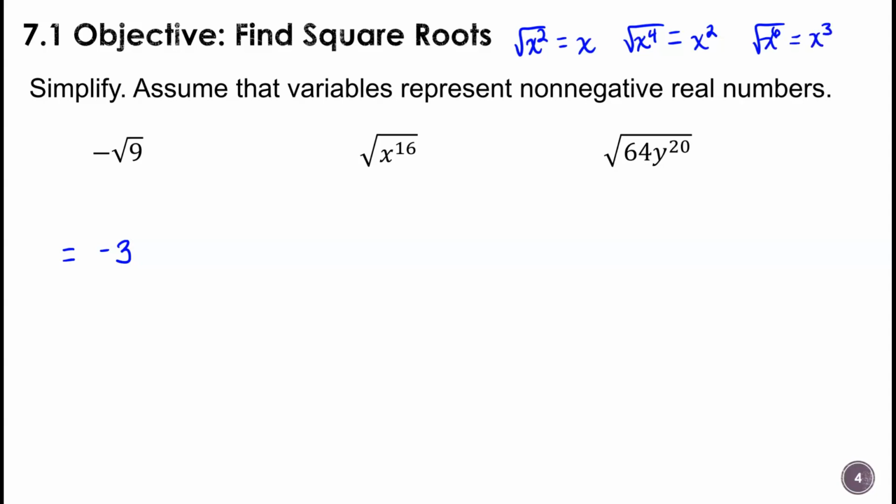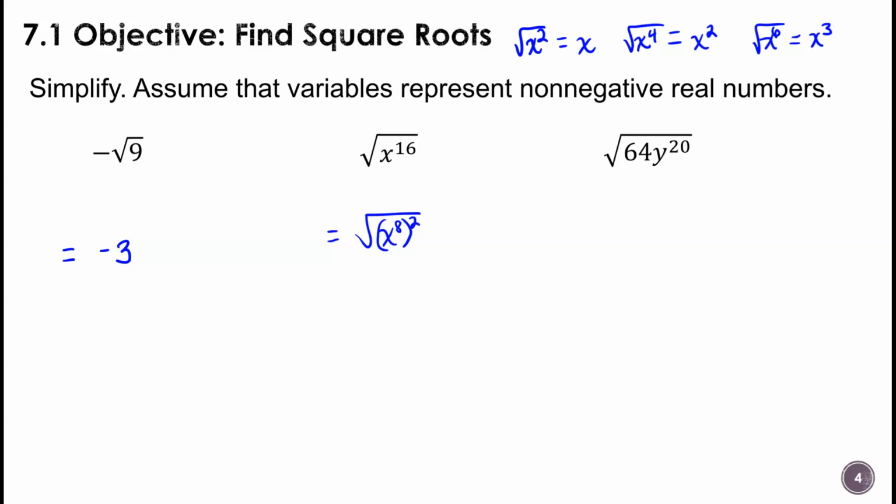And so you can start to see a pattern: if you divide the exponent by the index, and we don't usually write the index for a square root, but the index is 2, right? We're taking a square root. The other thing to look at is if I write x to the 8th squared, and this goes back to those rules of exponents, that if we have a power to a power, we're multiplying the exponents.